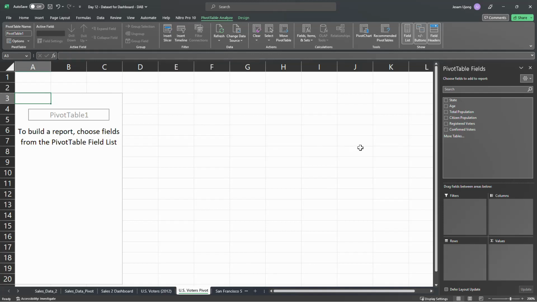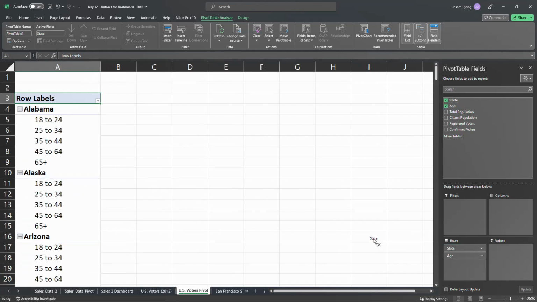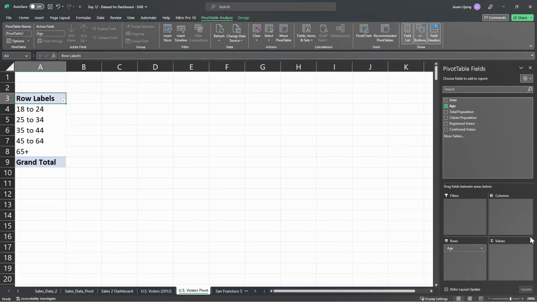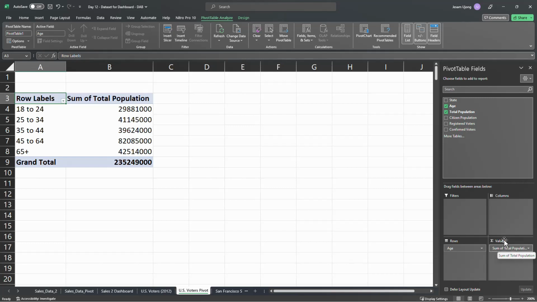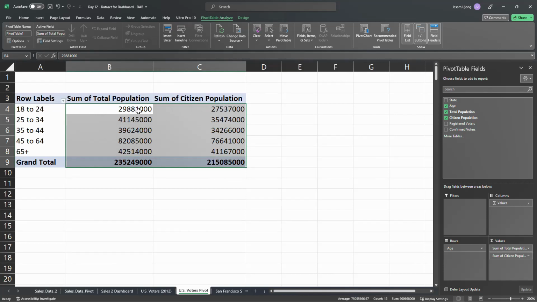So for our pivots, I'll work with the age range. I'll take away the states since it's fewer values, I just want us to understand. I'll put total population and citizen population. So we have sum of total population, sum of citizen population.